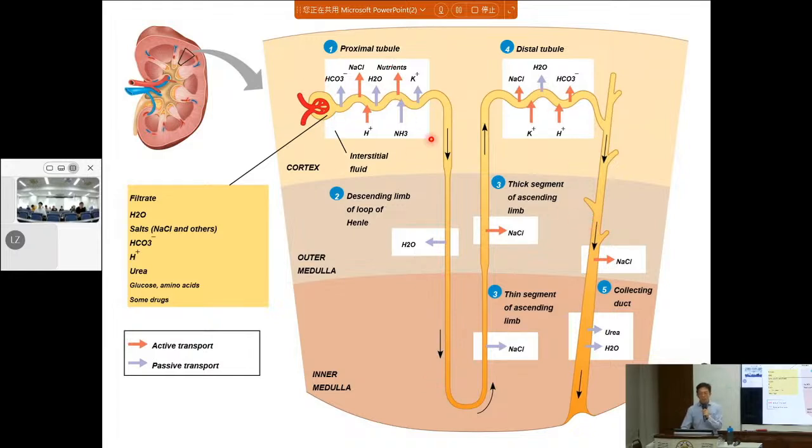The different parts of the tubule can excrete or reabsorb ions. By regulating the excretion and absorption of ions, mammals like humans can maintain a constant osmolarity and ion concentration inside the body.